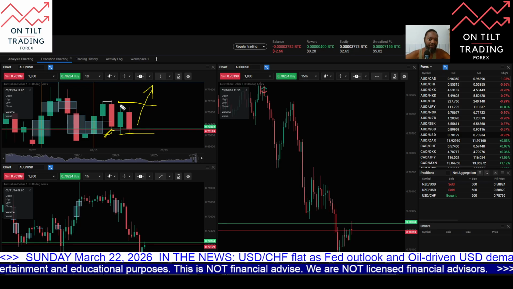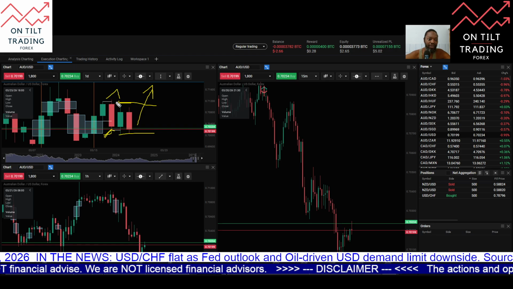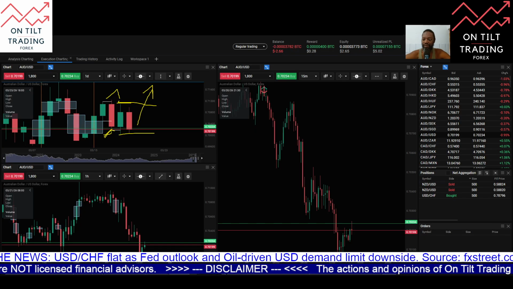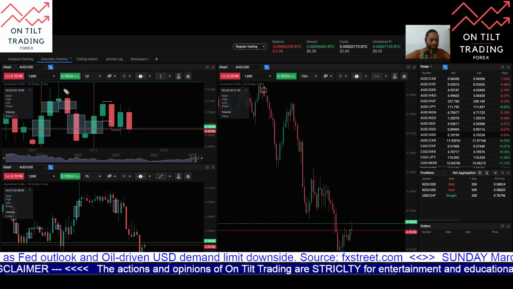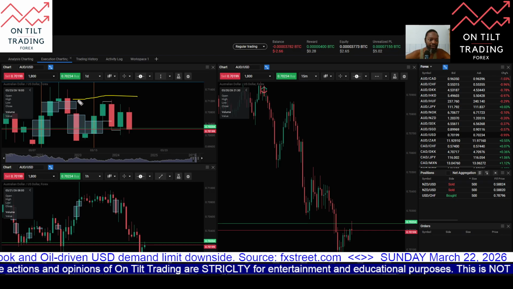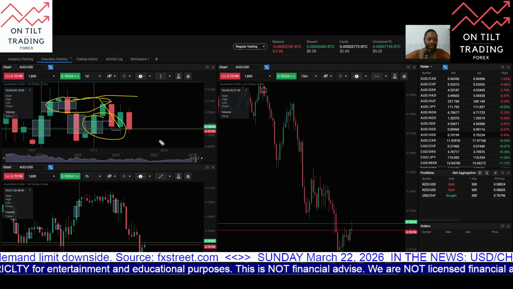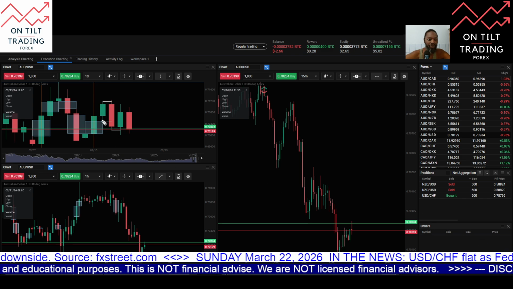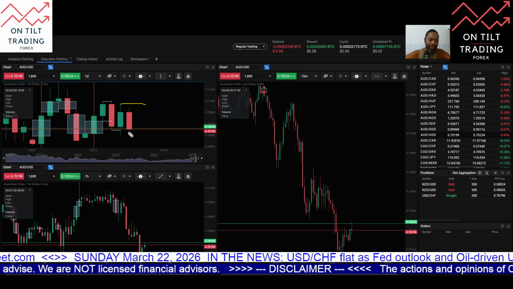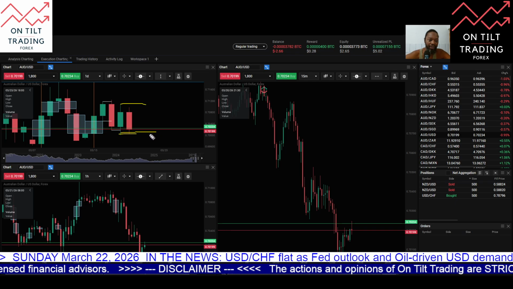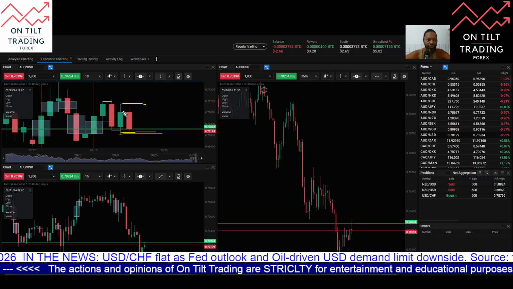Even though I do have my doubts because price here failed to reach this swing high here, but I would say overall, you can see here price action has traded into this bearish gap and then traded into this bullish gap here. But going on the most recent price action here, I would say it is unclear until price breaks out of Thursday's range.